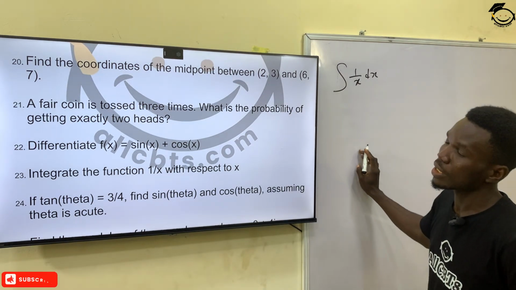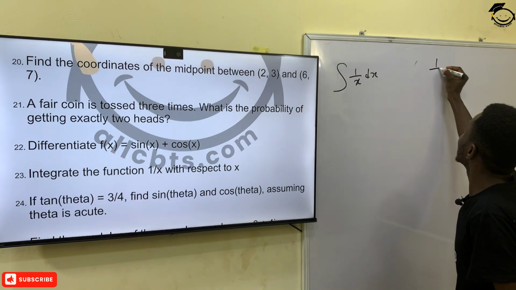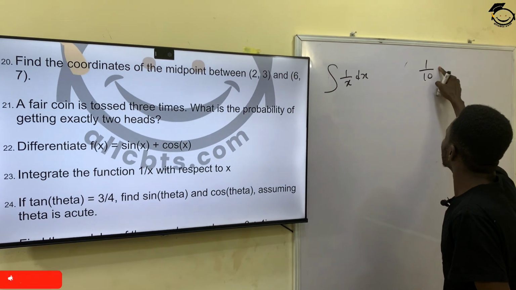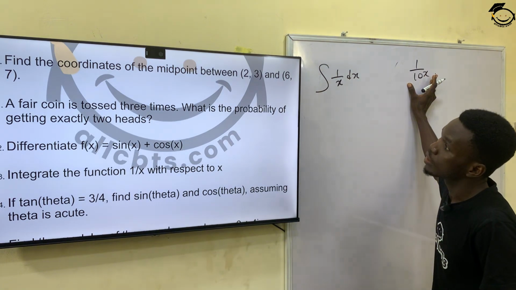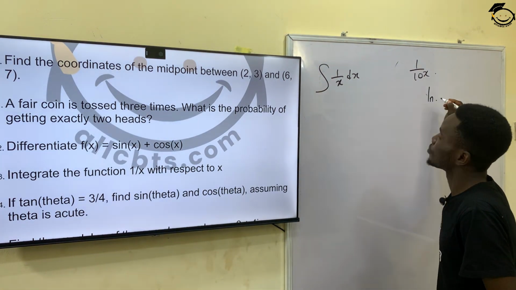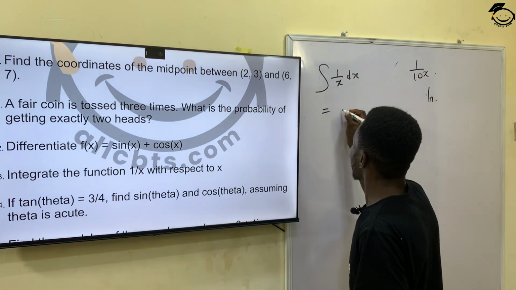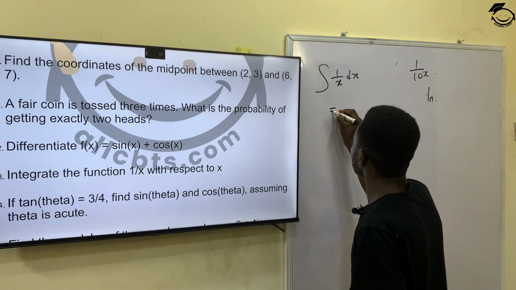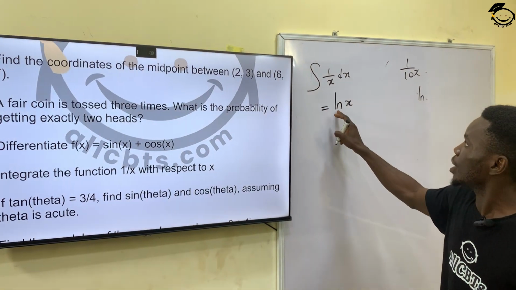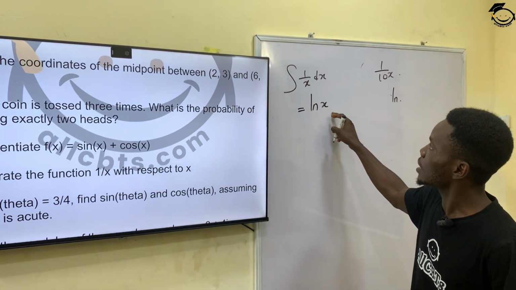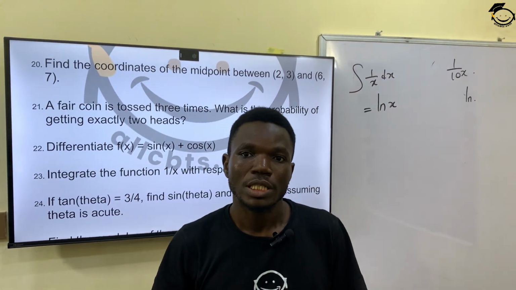Now, anytime I integrate 1 over x in integration, it becomes ln x. So the integral of 1 over x is simply ln x. And if I differentiate ln x, I'm going to get what? 1 over x. So the correct answer to that question is ln x.